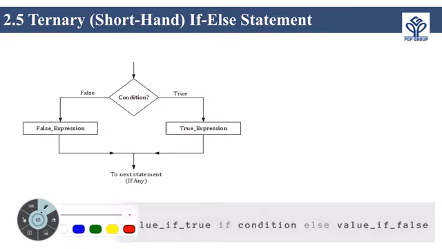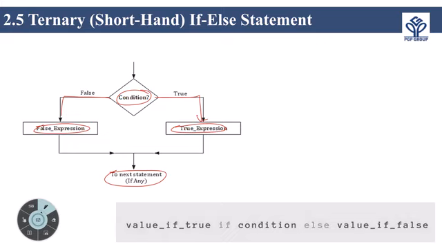Next one, the ternary shorthand if else statement. So we are giving the expressions in a single statement. See our condition: if the condition is true, execute the true expression. If the condition is false, execute the false expression. Then the next statement, if any, is printed.